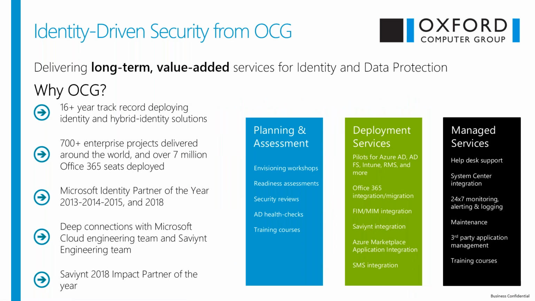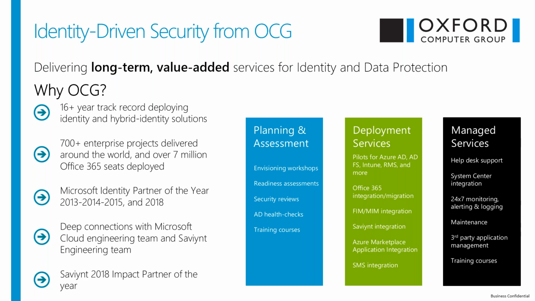I'm just going to give some background on Oxford Computer Group. We've been in the industry for 16 or more years at this point. We've done hundreds of enterprise projects, deployed a lot of seats to Office 365, and we've been Microsoft Partner of the Year for several years, and not always consecutively, but we do strive to get that award.